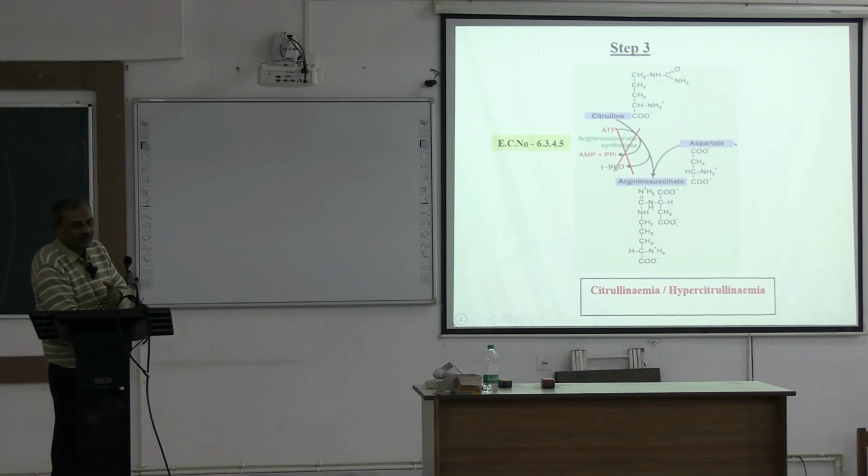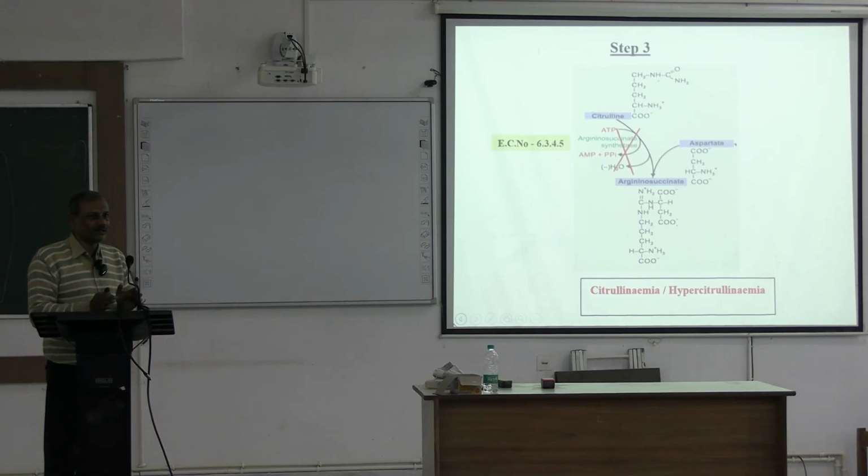It cannot proceed further. So, if any block is there, the metabolic products which are proximal to it, before it, will get accumulated in excess amount and that will get excreted. That is the general principle. You have reached some part, but then after that part you are not able to go.